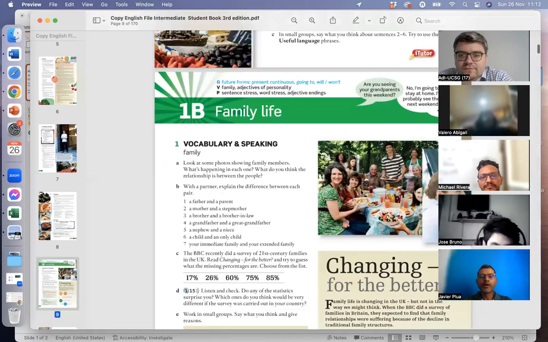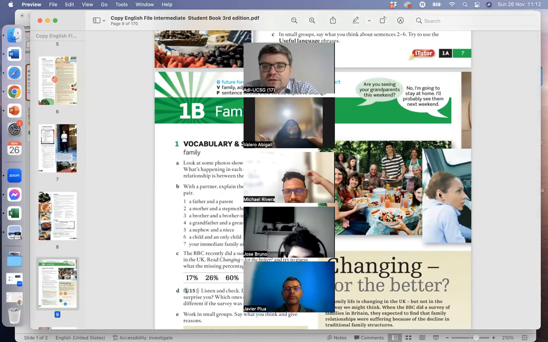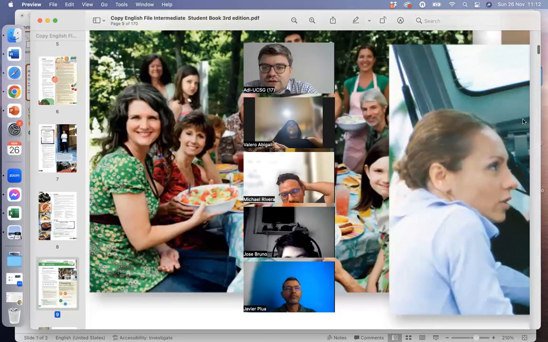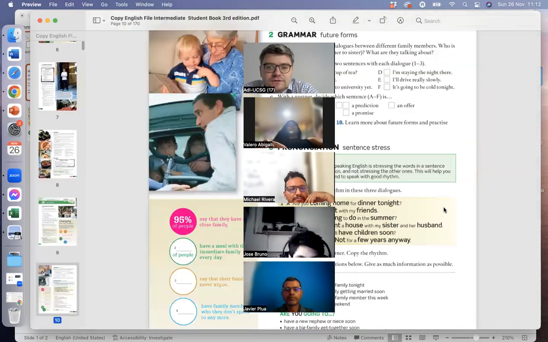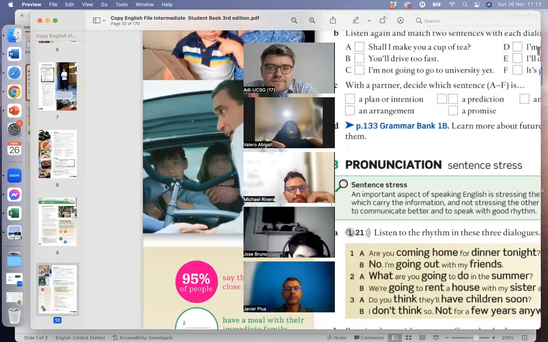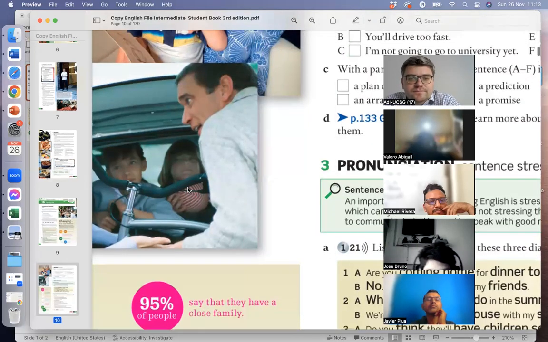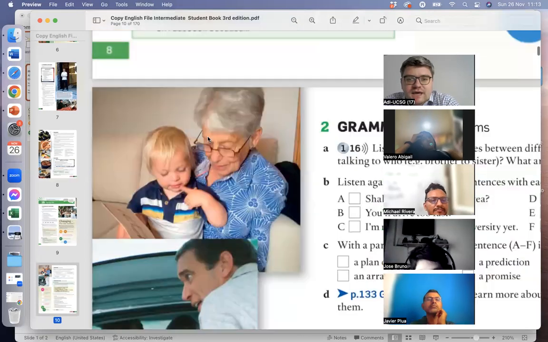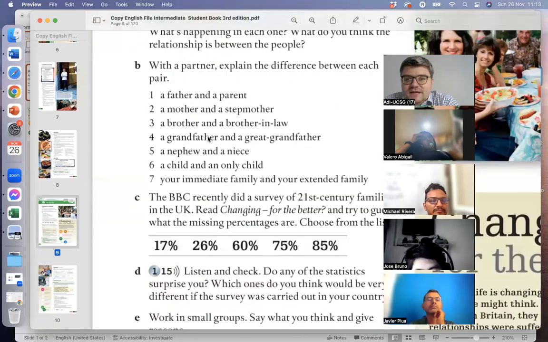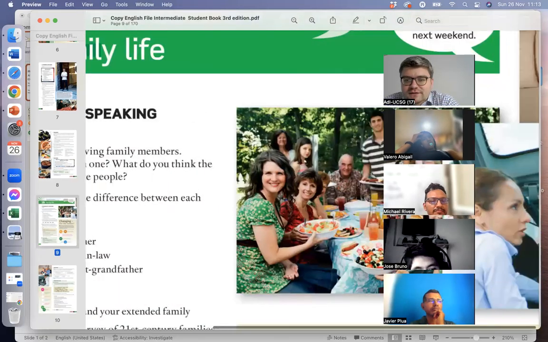Okay, very good. Now for the second picture, there is one part of the picture here. So you can see the lady here, and the second part of the picture is here. So what do you think is happening here? Again, this is another side of the picture, the lady here.